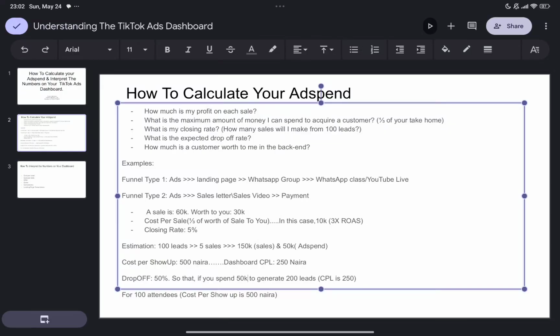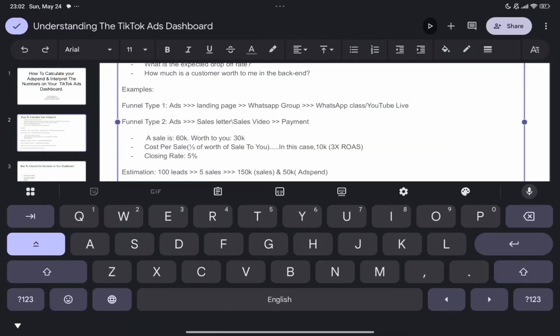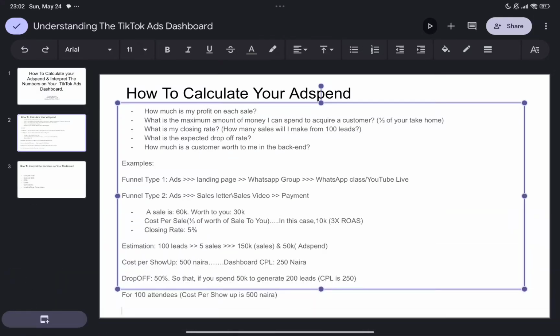So if the drop off rate is 50%, then the actual cost for people that show up, which is the cost per show up, is for 100 attendees. Because if 50% of 200 leads drops off, that means I only have 100 leads left, right?